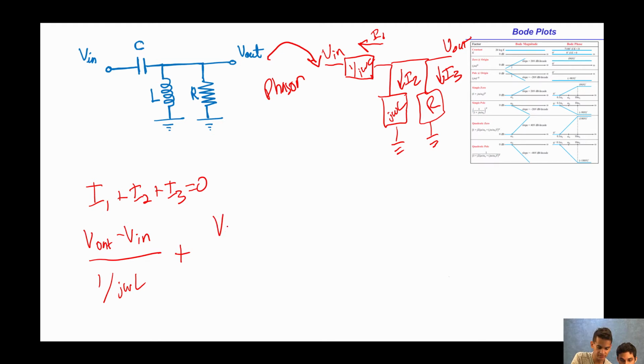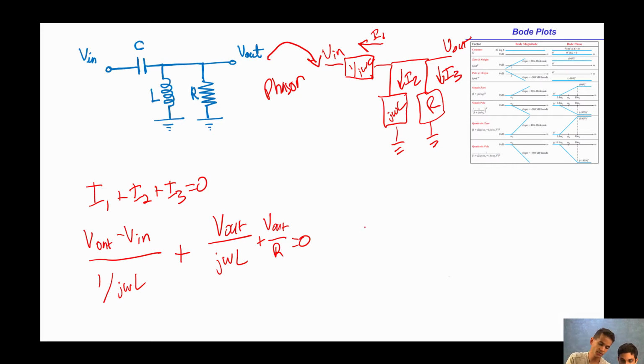I2 is V out over the impedance of the inductor, which is just j omega L. And then I3 is just V out over R.